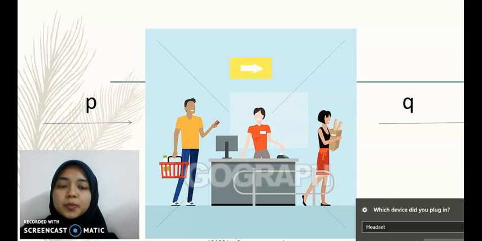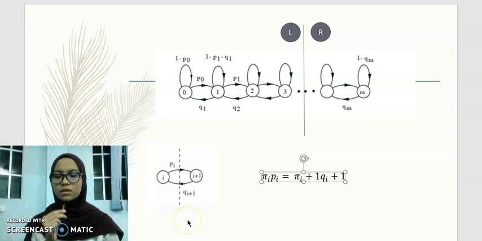Now, in this supermarket example, the p and the q are taken to be the same across the states. There is an easier shortcut that applies to birth-death processes, and it is based on the frequency interpretations that we have discussed.